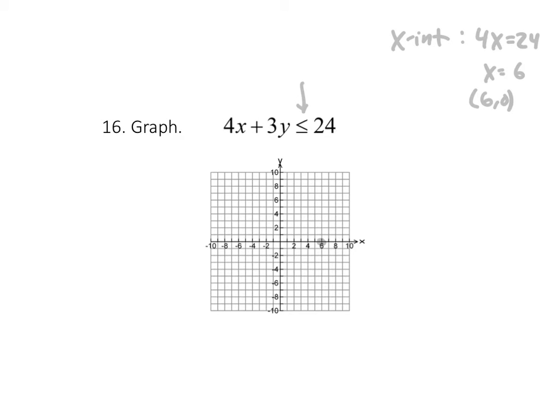So there's a point at 6 on the x-axis. Next, the y-intercept. That is where 3y is equal to 24. Divide by 3, and we get y equals 8. So that's (0, 8). We have an intercept at 8 on the y-axis.